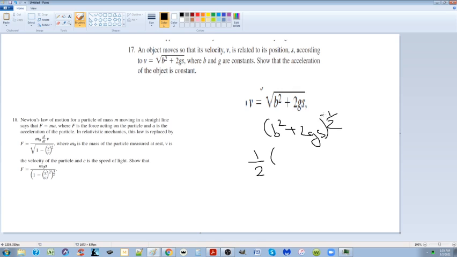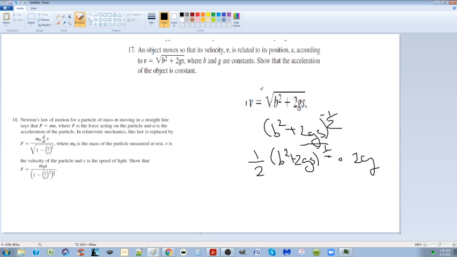Anything multiplying is just a number, since they tell us B and g are constants. So the derivative of the inside is just this part, and you get times 2g. That's the secret.